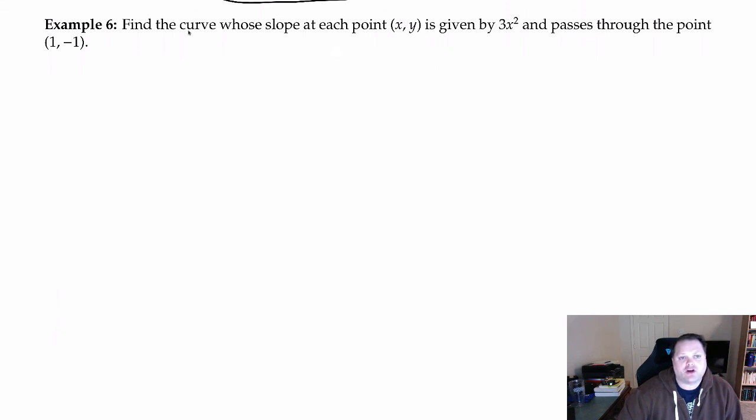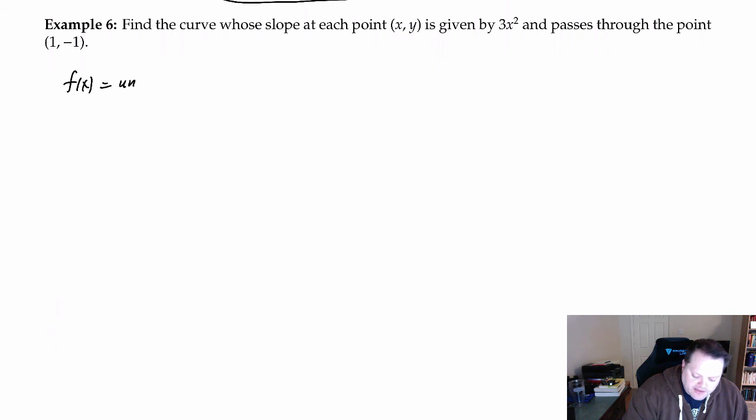So I want to find the curve whose slope at each point is given by 3x squared, and the curve must pass through the point (1, -1). Okay. So I'm just going to write some notation down.